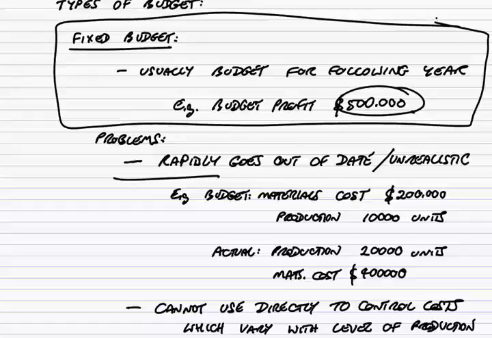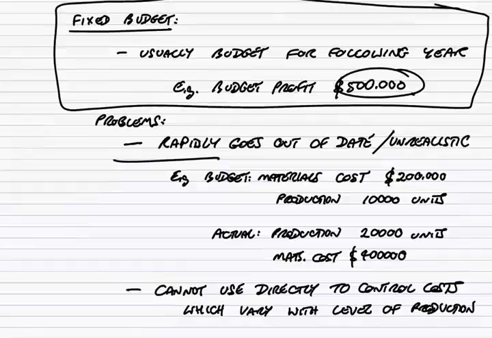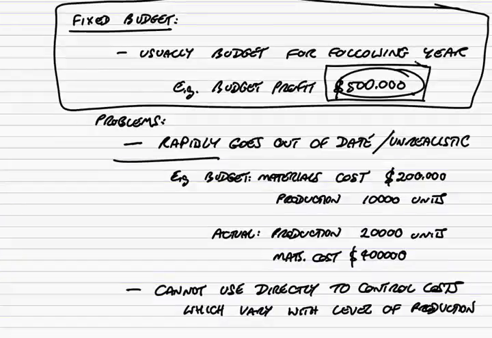And the reason it remains important despite those problems, you see, if I've budgeted that next year I'll make $500,000, I accept that electricity might go up much more than I expected. And of course, if electricity goes up, that's going to make profit lower.